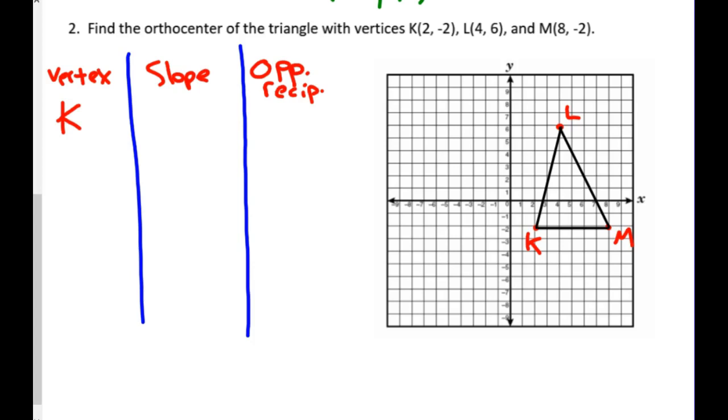Here we go. So you have definitely plotted 3 points and made a triangle. And you made those 3 columns.